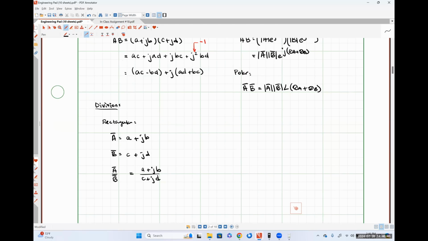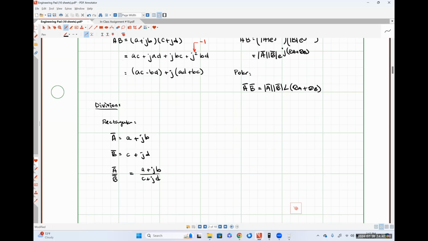Now, there's nothing particularly wrong with this, but in every other operation dealing with rectangular form complex numbers, we have been able to identify a real part and an imaginary part of our resulting operation. Right now, we have a ratio of rectangular complex numbers, but there isn't a specific real part or imaginary part that we can point to.